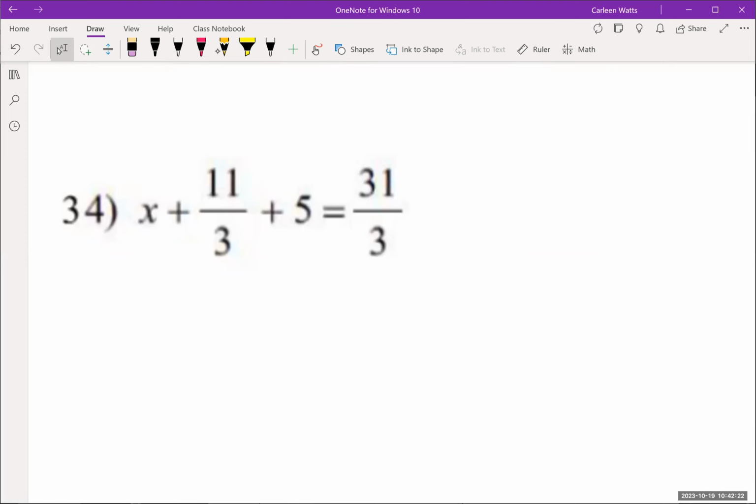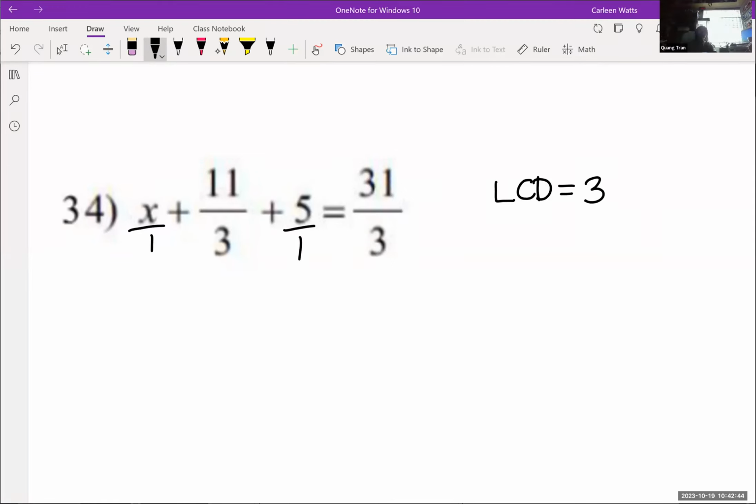The least common denominator is what? Now, what's under here? 1. What's under here? 1. Okay. All right. Anyone else? Least common denominator is 3. Okay. Multiply everything by 3.